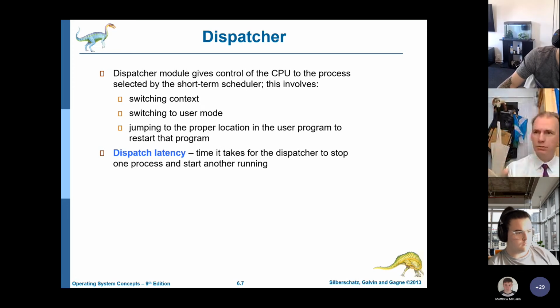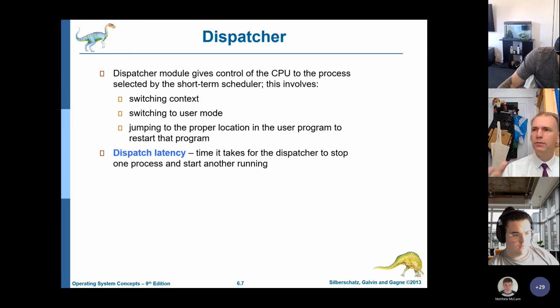The dispatcher is involved in the process of actually doing it. And remember, we spoke about that a couple of weeks ago in terms of what was required. Remember, a process is running. It has a whole set of states. Which instruction is it at? What are the registers looking like? What's the instruction register? What's the accumulator? What about all that state data? We'll need to save all that.